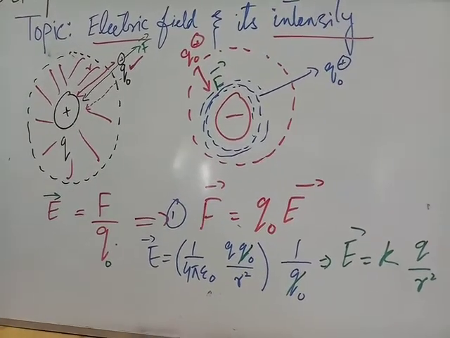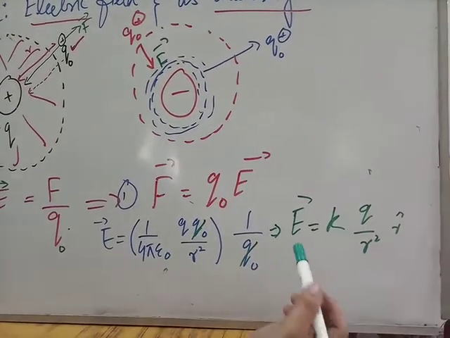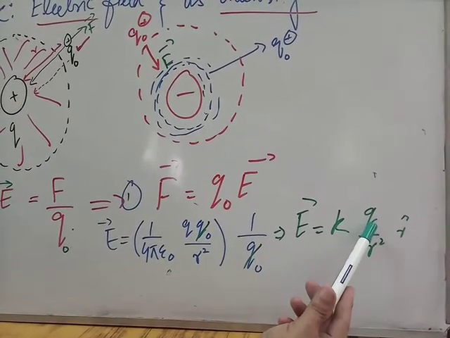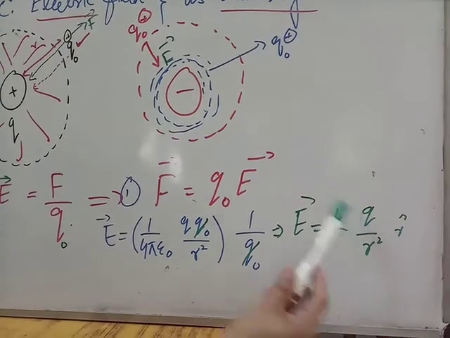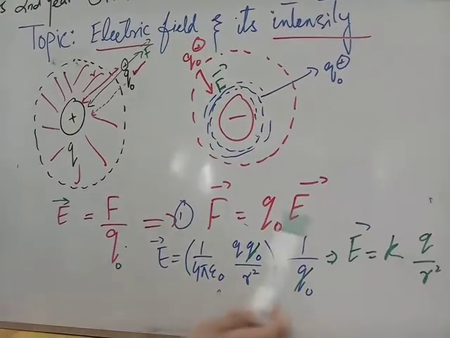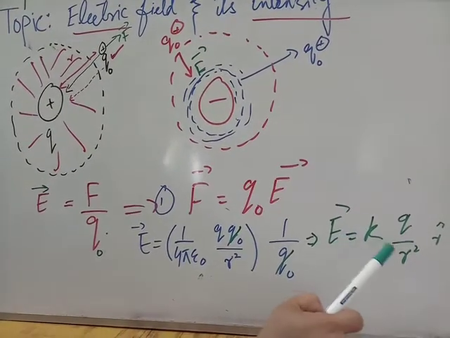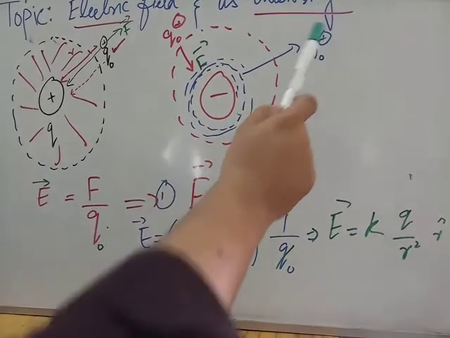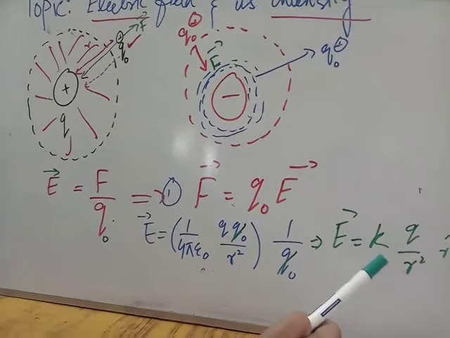Let me explain again. If we have a point charge, the intensity is large at a small distance, and the intensity is small far from the point charge.